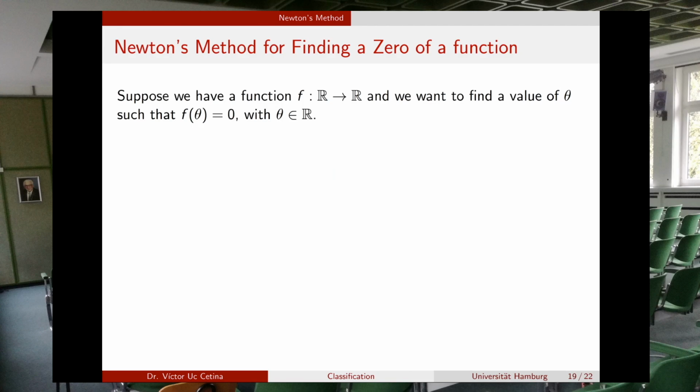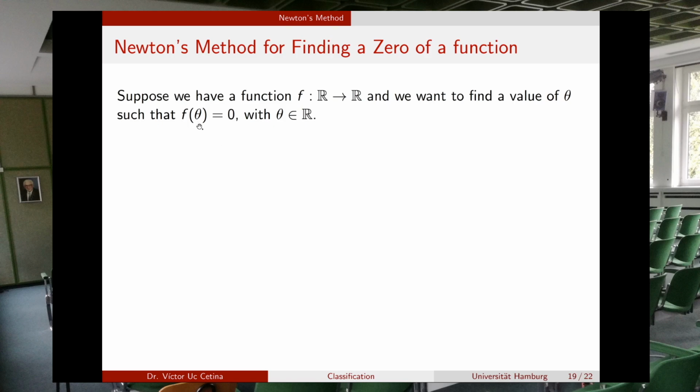Another method that I would like to talk about is the Newton method. We can use it also for estimating the parameters of our classifier. So consider a function f of real numbers. We map real numbers to real numbers, and we want to find the optimal value of theta.